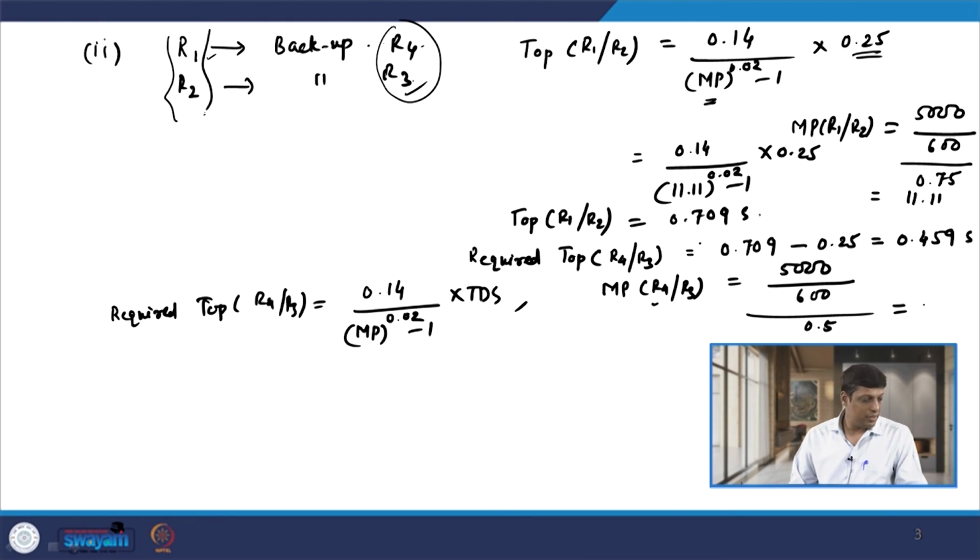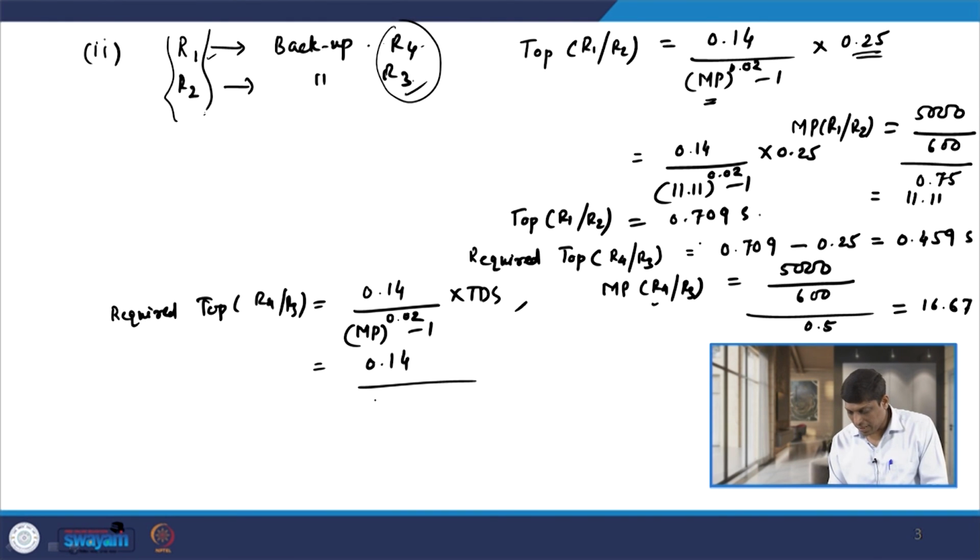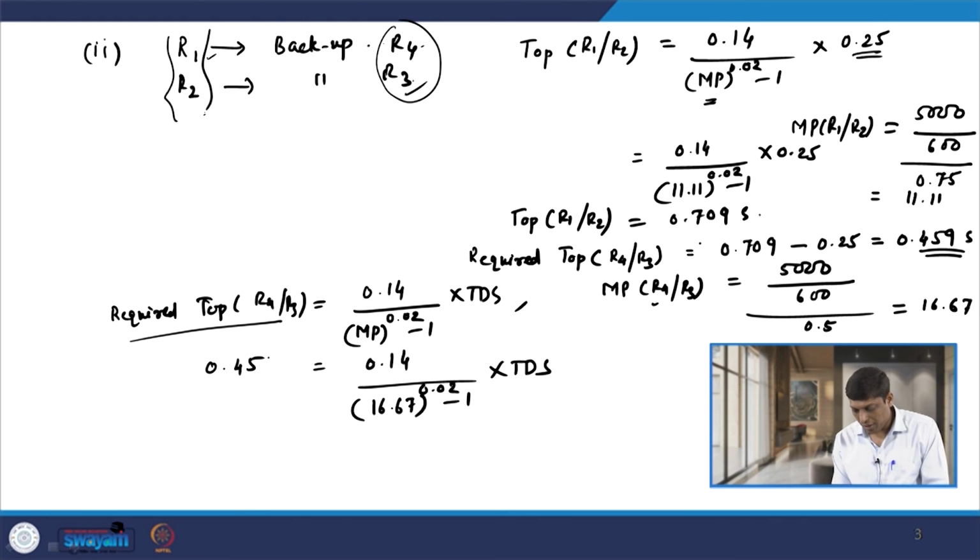If you solve this, the value comes out to be 16.67. So, if I use this value here, 0.14 divided by 16.67 raised to 0.02 minus 1 into TDS, and this required top of R4 R3 we have already calculated, that is 0.459 second. So, if you solve this, the value of TDS comes out to be 0.189.